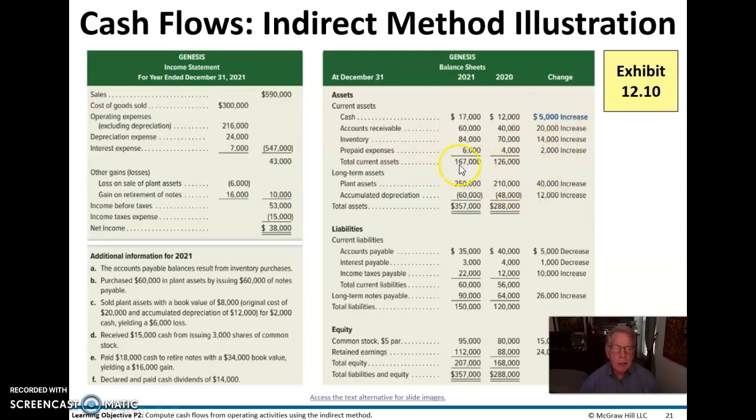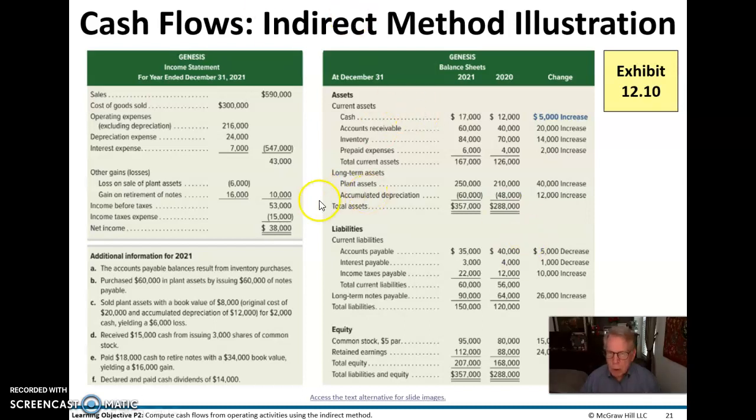And you can see they've computed the differences in the current assets and liabilities, but they've also included the long-term assets and long-term liabilities as well. So for the operating activities, we're going to be concerning ourselves with our current assets and liabilities. So let's look at how we would put that together.